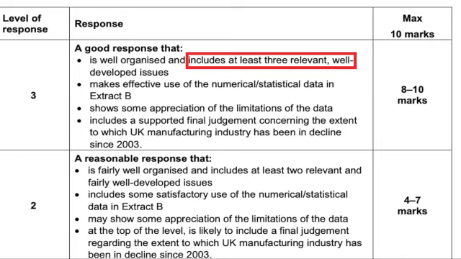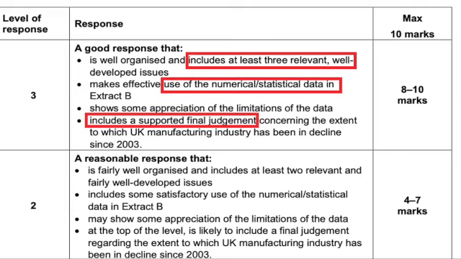So in other words, you will need 3 paragraphs of analysis. Also, it tells you that you have to use numerical and statistical data. It asks for a final judgment. So in other words, 3 paragraphs of analysis and 1 paragraph of a final judgment.